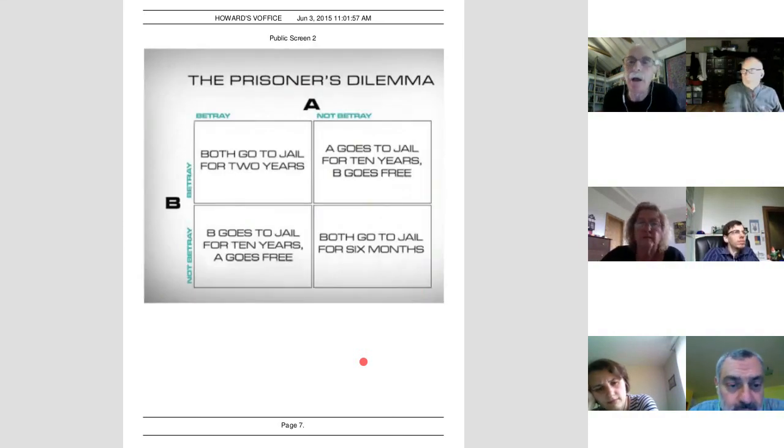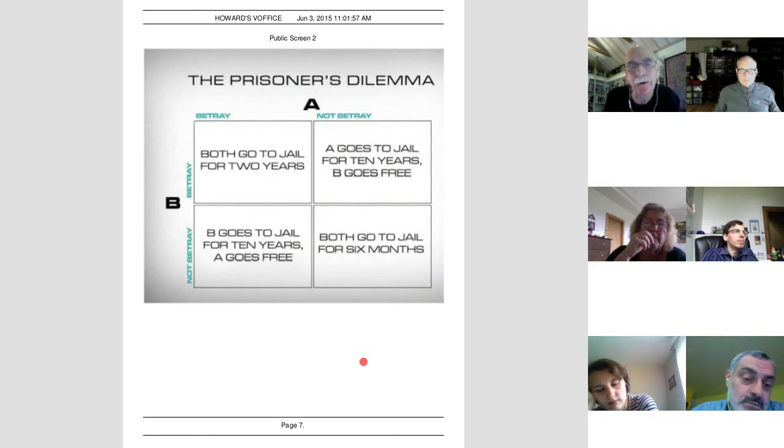You and another person are arrested and accused of a crime, and you are interrogated separately, in separate rooms, and you can't communicate with each other. And you are told that if you don't cooperate with the other prisoner, in other words, if you confess, if you rat them out, things will go easier for you.